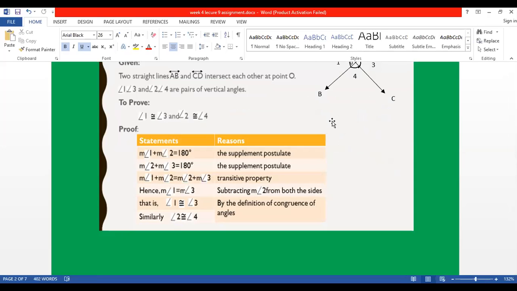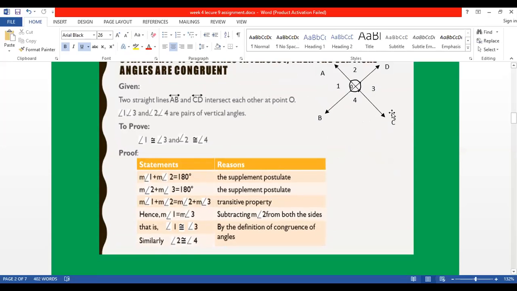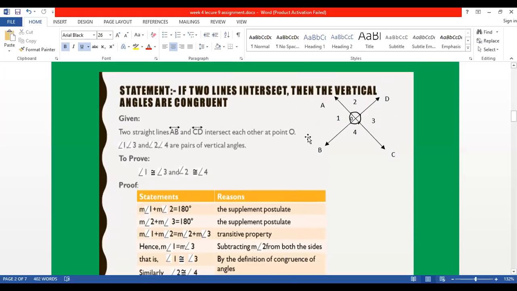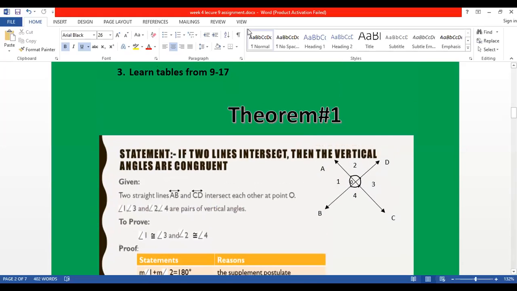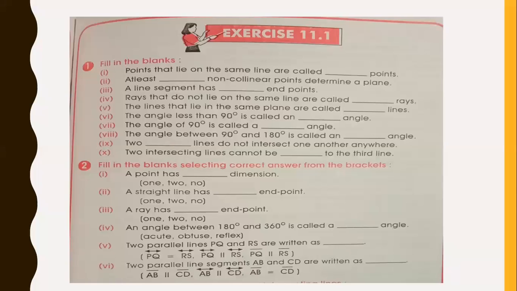As I know that this theorem is properly clear to you, am I right? You have to draw the diagram exactly in this way and write down the theorem in this way. Is it clear? Okay. So what you have to do today, in your geometry copy, you have to solve the theorem.